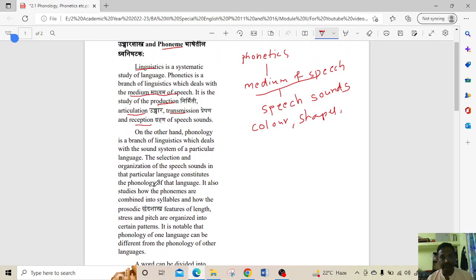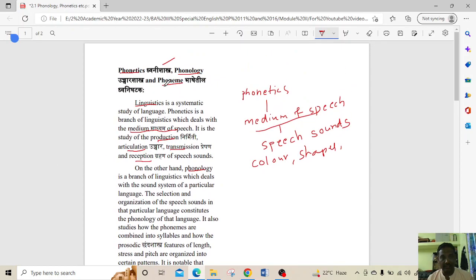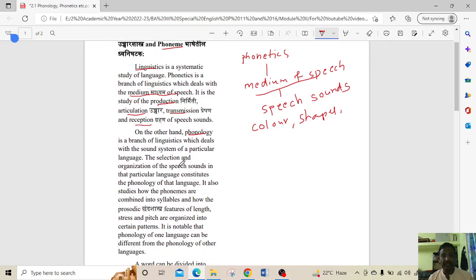One more term that you have to understand is phonology. Now phonetics is in Marathi Dhvani Shastra, while phonology in Marathi is called Uchchar Shastra. But the difference is that it is also a branch of linguistics, but it deals only with the sound system of a particular language.